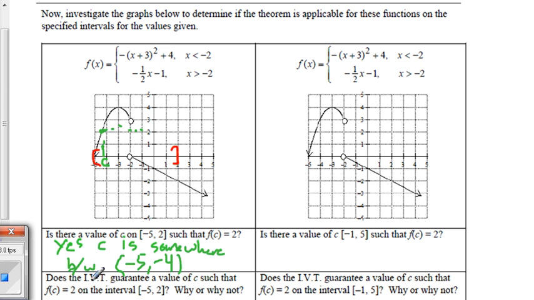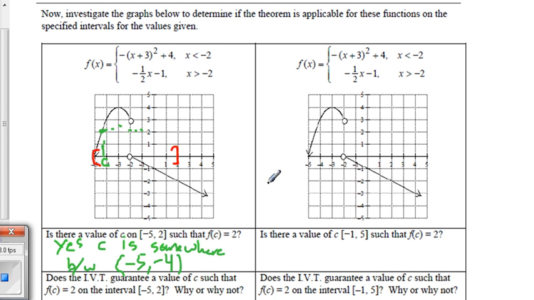Does the intermediate value theorem guarantee a value of c such that f of c equals 2 on the interval from negative 5 to 2? Why or why not? Well, going back to the definition of the theorem, f of x had to be continuous. So no, the intermediate value theorem does not guarantee a value of c on the interval negative 5 to 2 because the function f of x is not continuous on this interval.